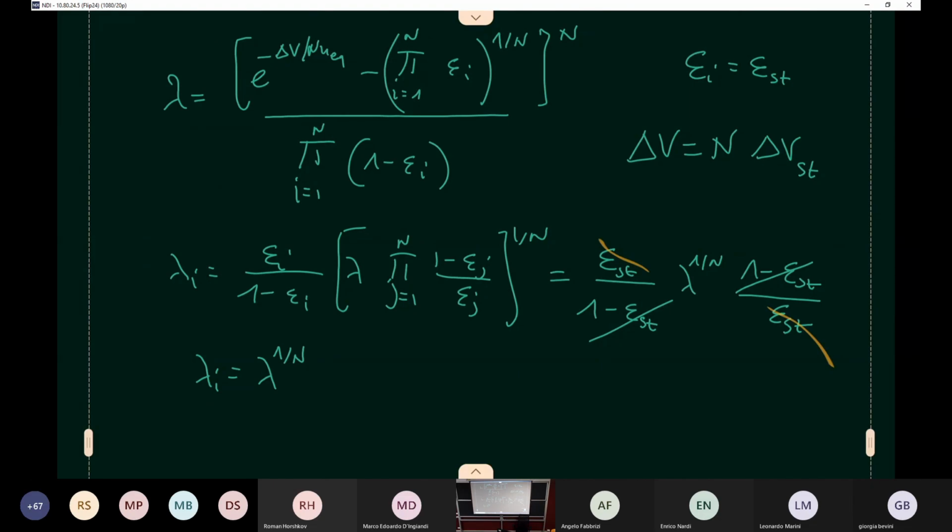And at the denominator we have 1 minus epsilon n times, so it will be to the power n. So for the special case of similar stages, we have that lambda will be equal to e to the minus delta V over n u e q, minus epsilon stage over 1 minus epsilon stage, to the power n.